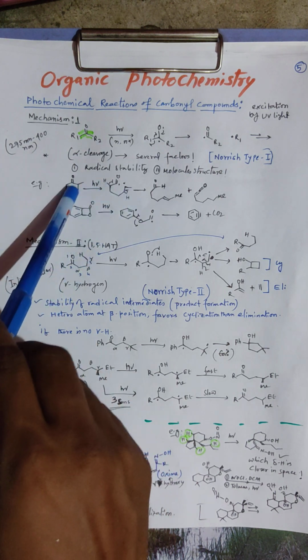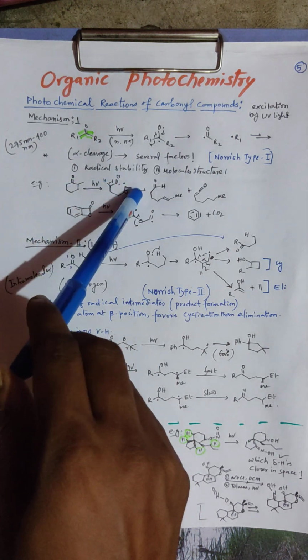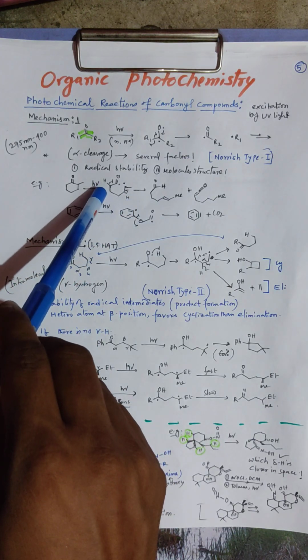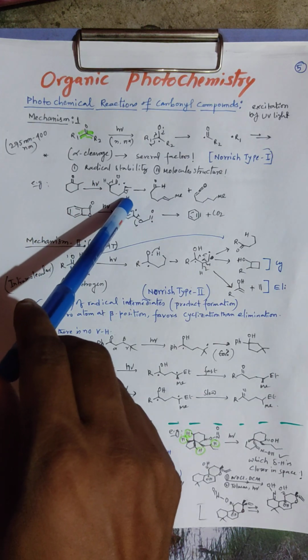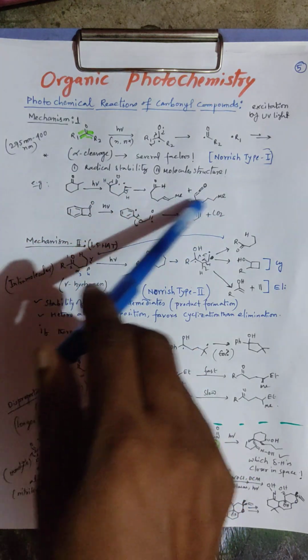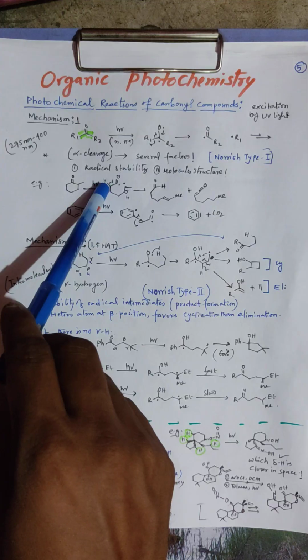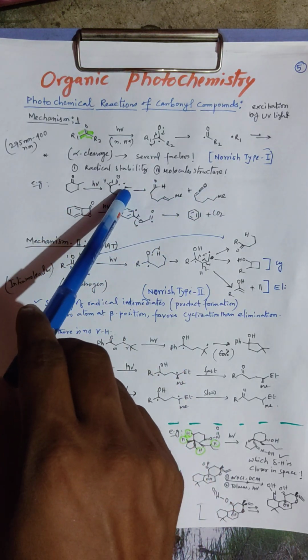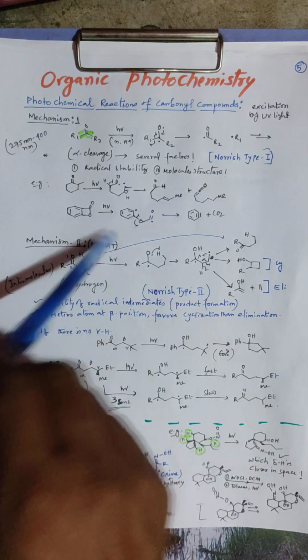Here on this side, due to the stability of the radical, cleavage happens, and there are two possibilities where the elimination of hydrogen produces two different types of product. One from here gives the ketene and another from here gives the alkene.